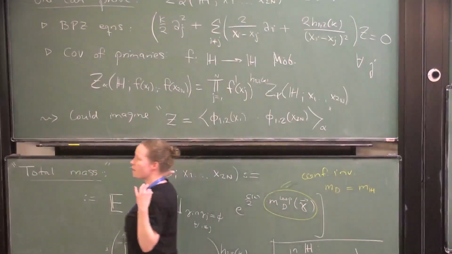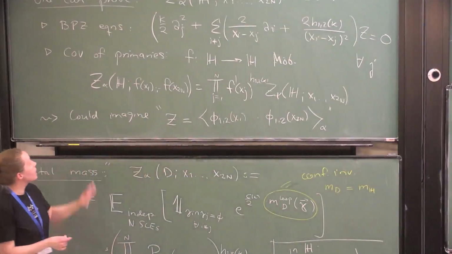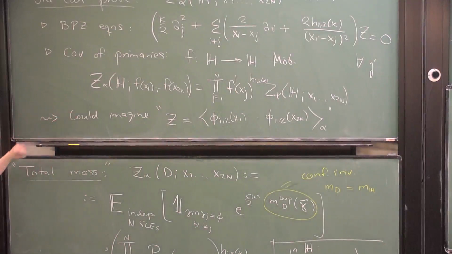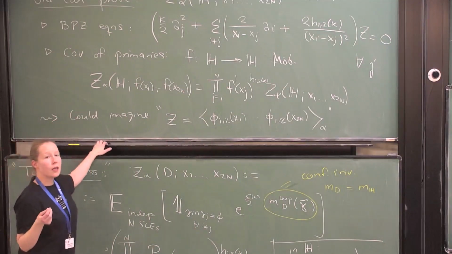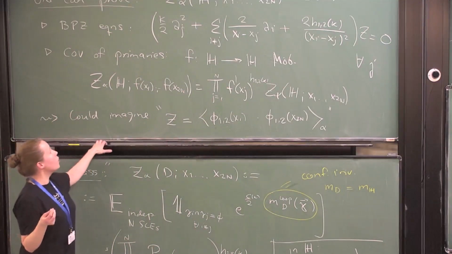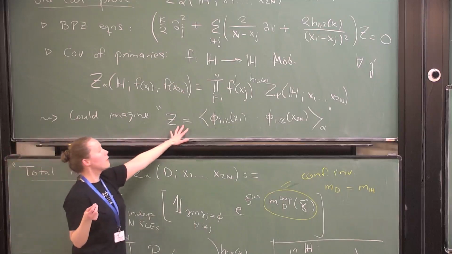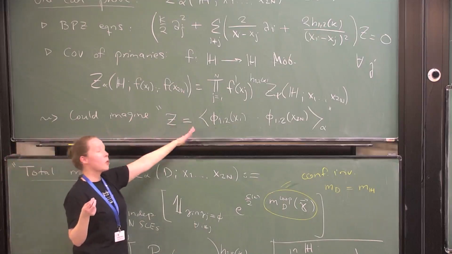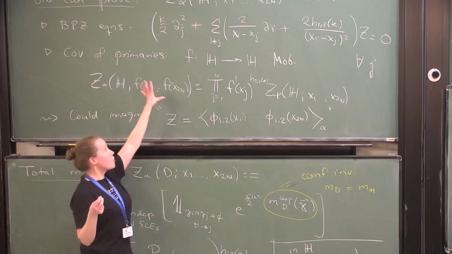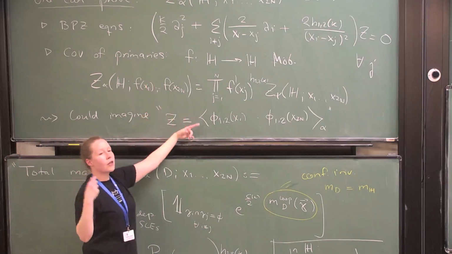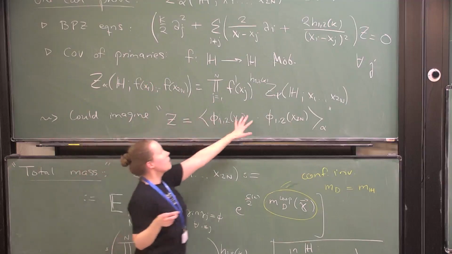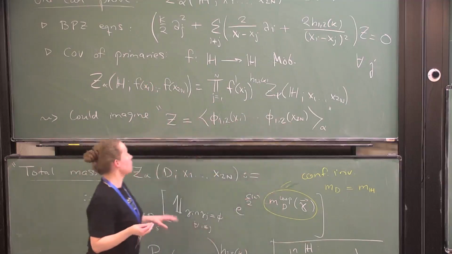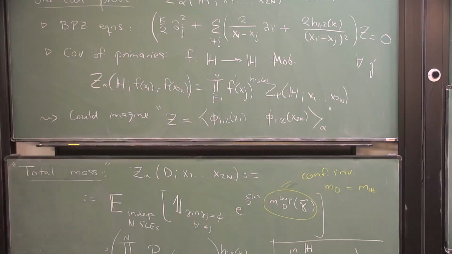So if you have a CFT where this equation should hold, and you have some reasonable regularity assumption that I'm not writing here, which is very natural, you know that these functions give you all possible solutions. So in particular, any correlation functions satisfying this has to be a function of these total masses, which is pretty cool, I think.